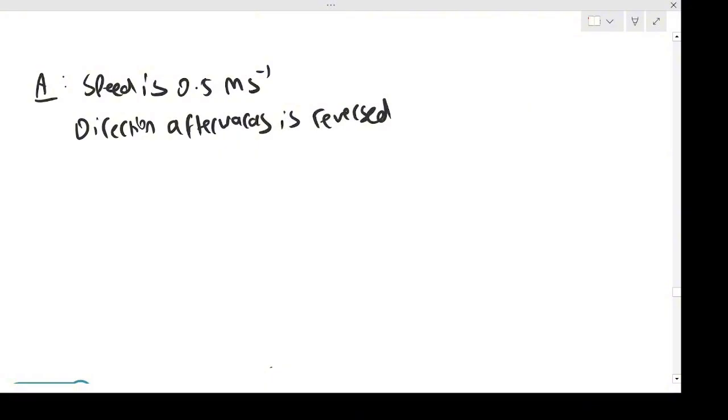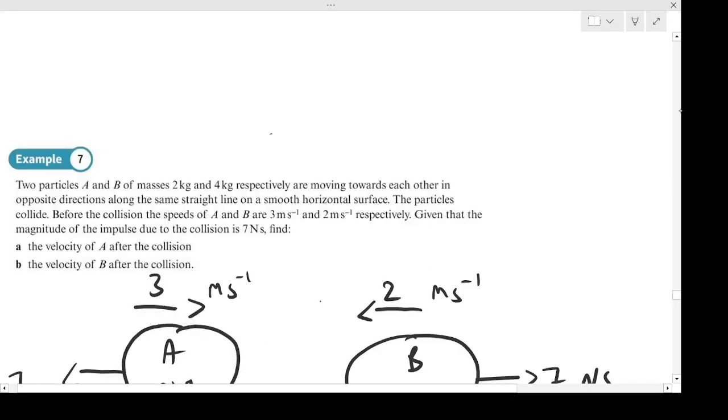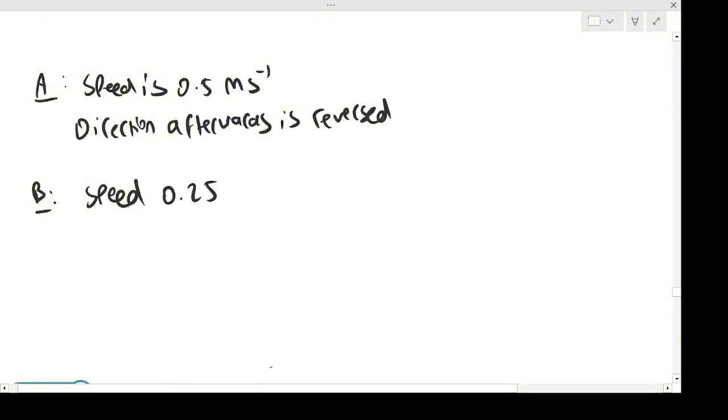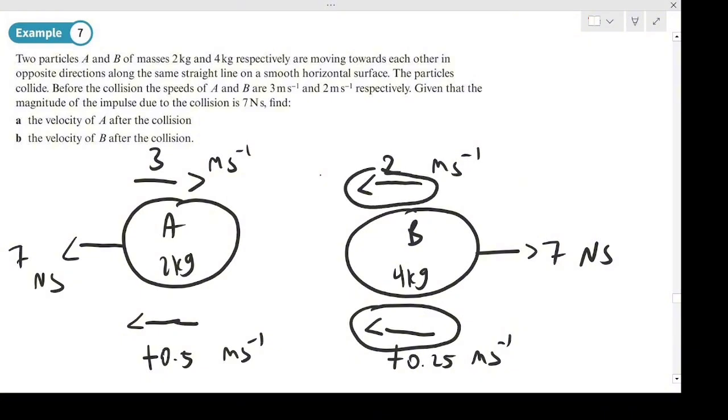So velocity is speed and direction. Then for B, if I look at B afterwards, the speed is 0.25 meters per second. And then the direction it's going in, again, it's going backwards, but I don't want to say that. I want to use comparative language to be more accurate. But it was also going backwards before.